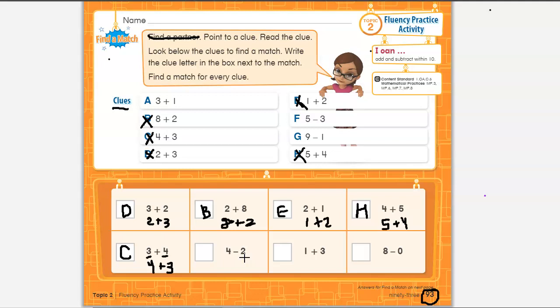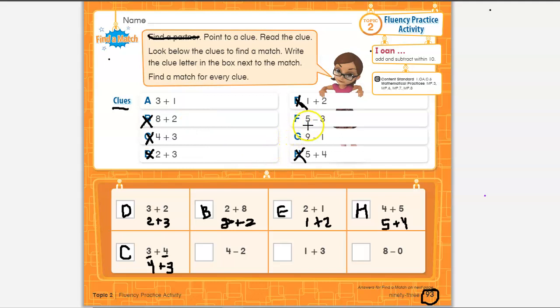If I have 4 and I take 2 away, that would give me 2. So I'm going to look at the clues that I have left, and I'm going to see if any of these are also equal to 2. Let's look at 3 plus 1. 3 plus 1 is equal to 4. So that's not it.